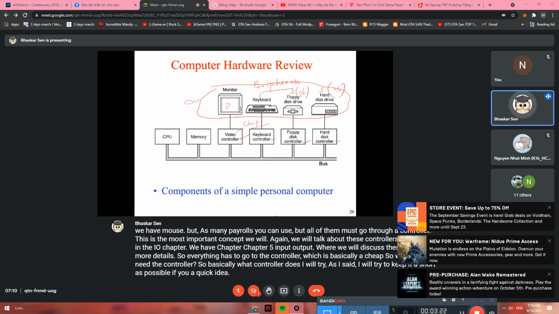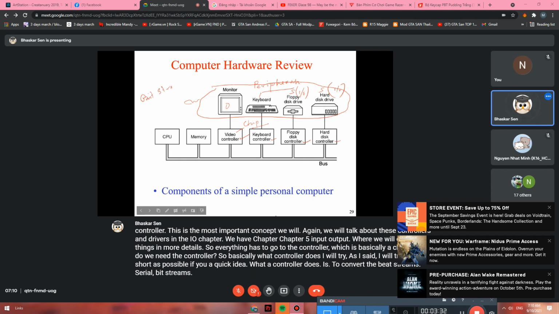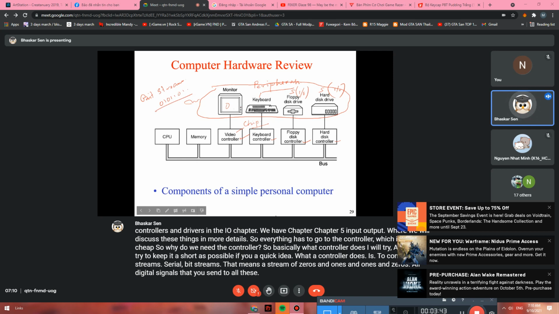What a controller does is convert the serial bit streams, that means a stream of zeros and ones and ones and zeros, or digital signals that you send to all these electronic IO devices.